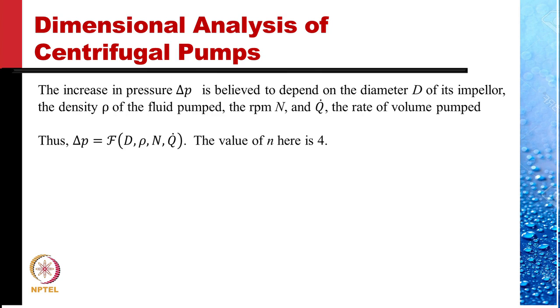Thus, delta P, the increase in pressure, is a function of D, rho, n, Q dot. The value of n here is 4.